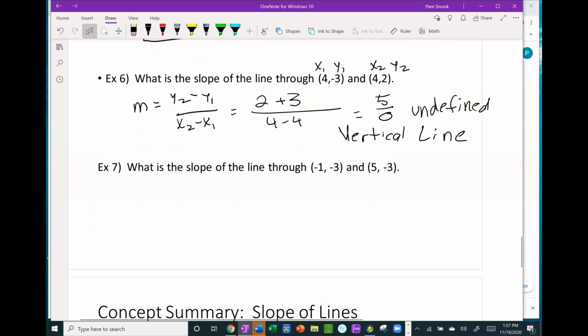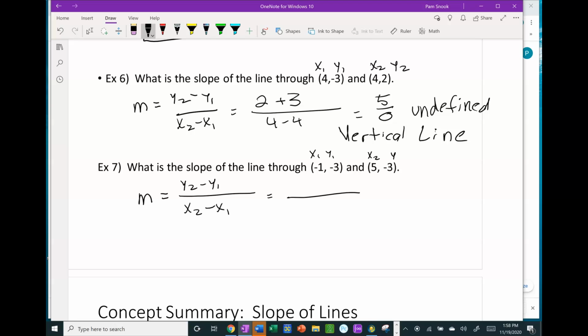Let's do the other one. I'm going to do slope equals, let's go ahead and write the equation. If you write your formulas every time you do these problems, in no time you'll have it memorized. And then x1, y1, x2, y2.